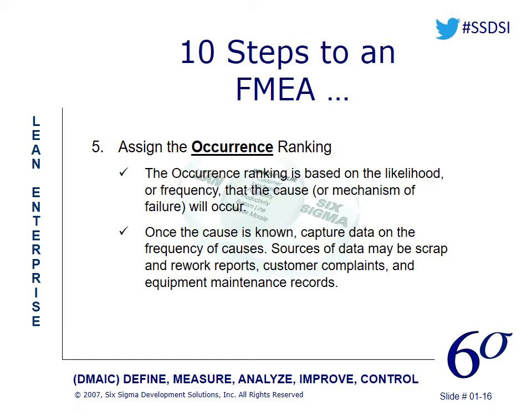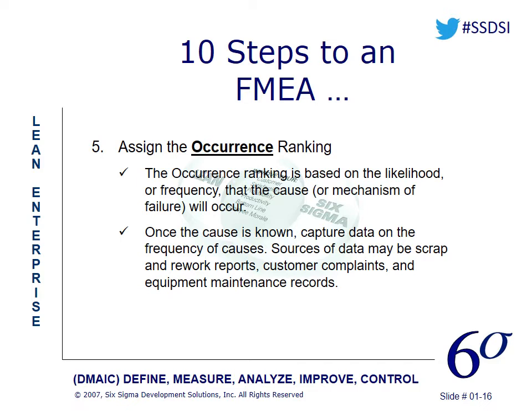Next, we talk about the occurrence ranking. Again, I said the scoring mechanism for the FMEA is severity, occurrence, and detection. Occurrence is another one of that scoring mechanism. So the occurrence ranking is actually something that we might have data to support. It tells us, how many times did this nonconformance or this defect happen?